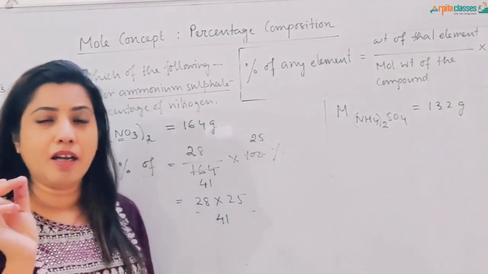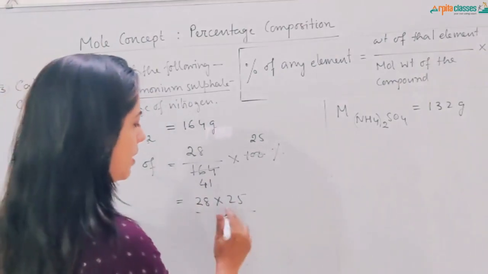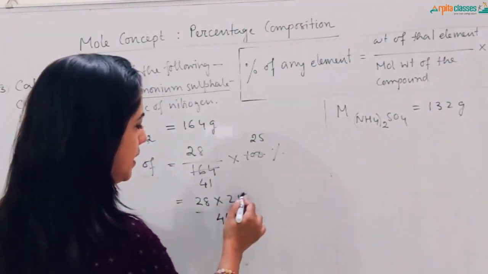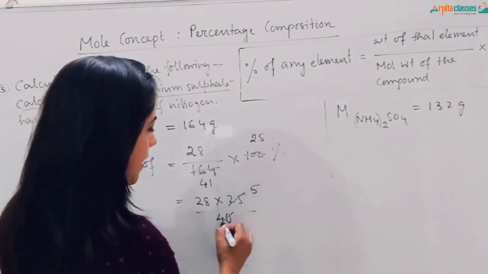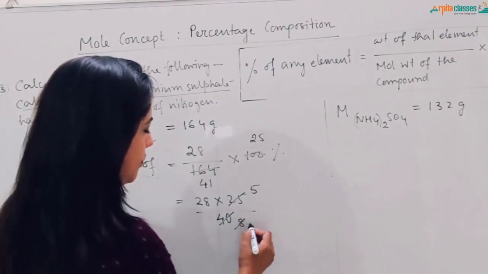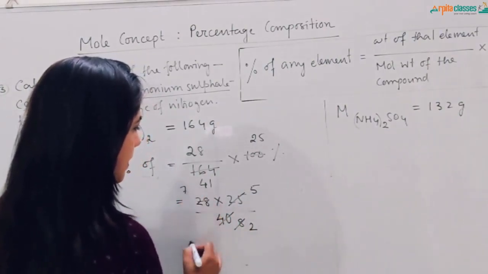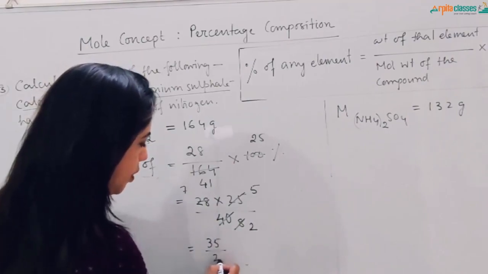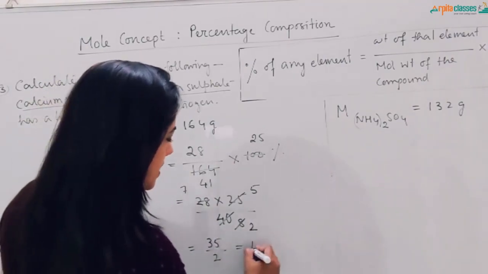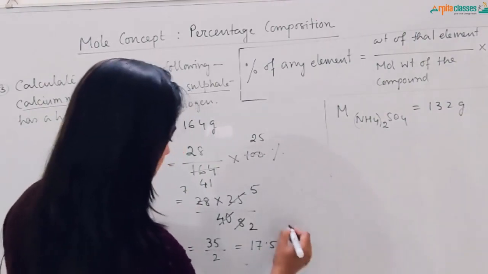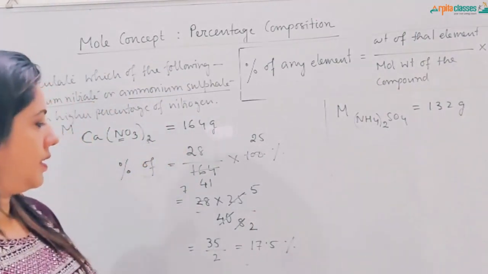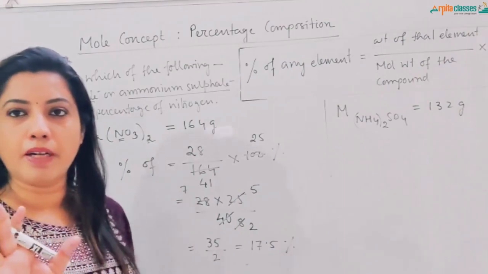If we do a little approximation, if we take it as 40, then it will be 5558 and 4247. So it's coming 35 upon 2, which is 17.5%. Yes, so it's coming 17.5%.